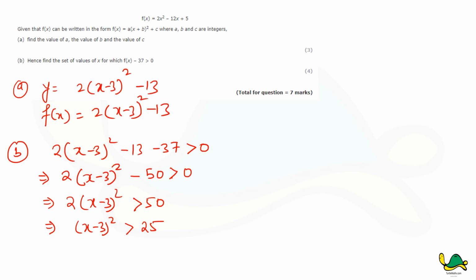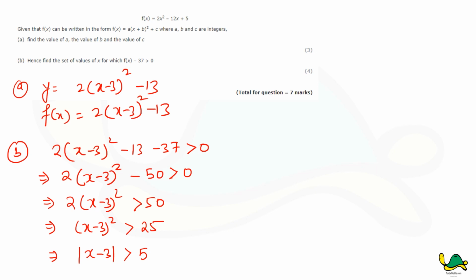You can just take the square root of both sides, and the other side is plus minus the square root of 25. But since you have an inequality over here, I recommend you use the modulus. So when I take the square root, I will write modulus of x minus 3 is greater than the square root of 25, which is 5. Here I need not write plus minus 5 because the modulus sign will take care of it.